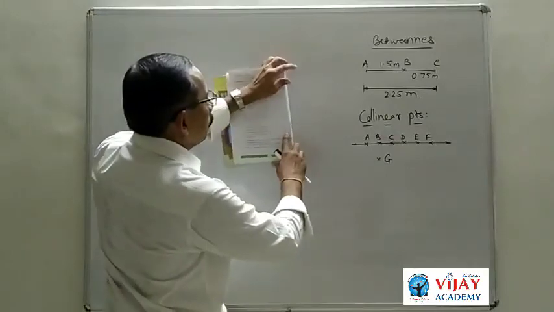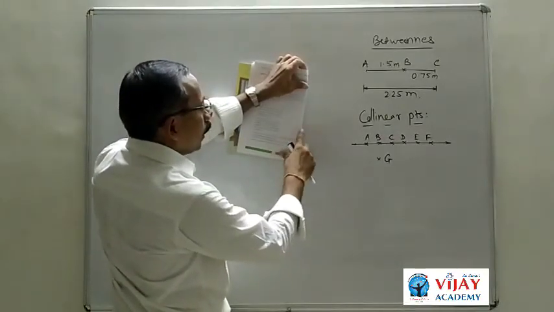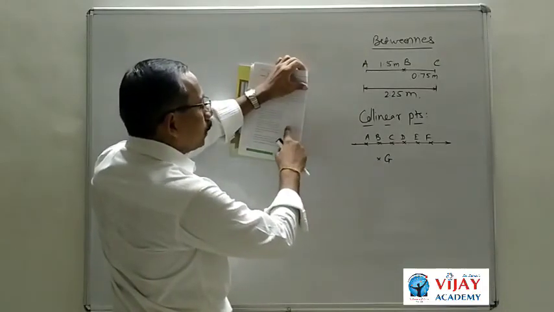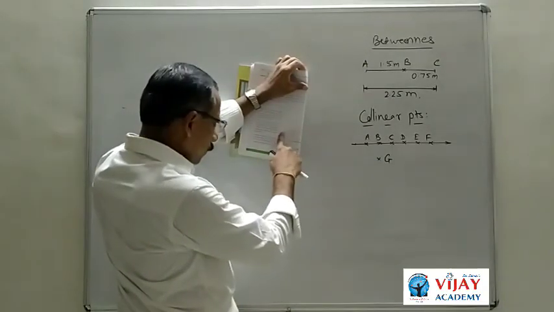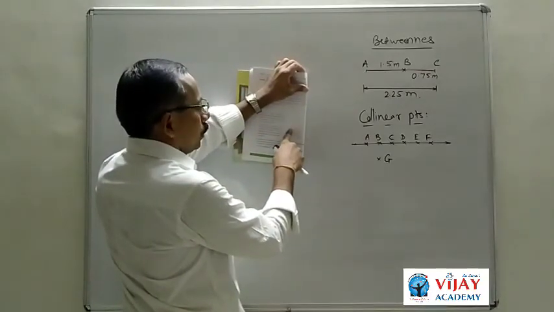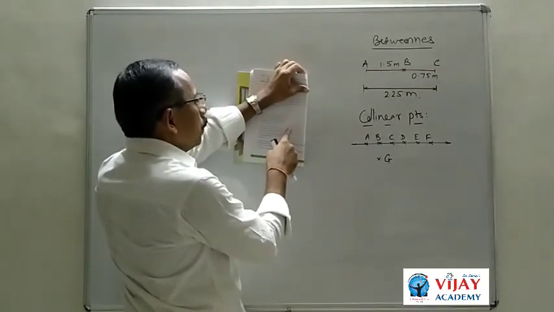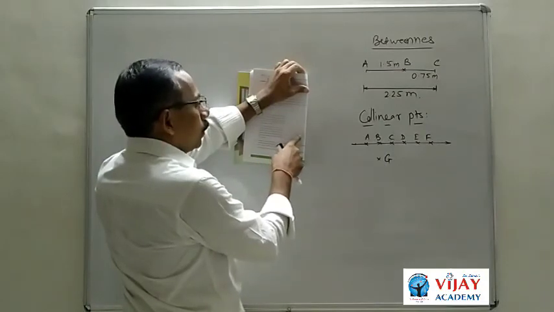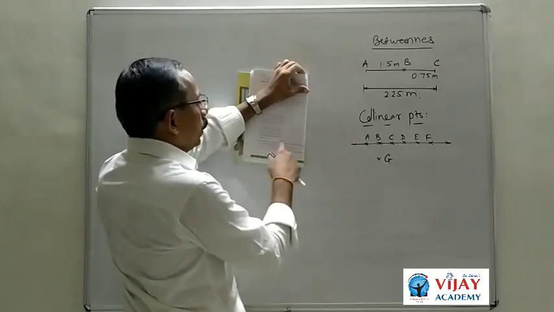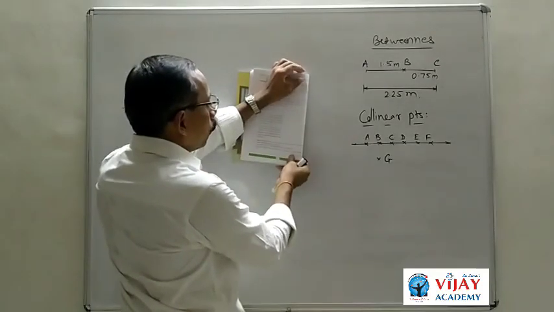If we join these 3 points P, R, S, we get a straight line, but Q is not along this line, so Q is a non-collinear point. So in this case P, Q, R or P, Q, S are non-collinear points, while P, R, S are collinear points.